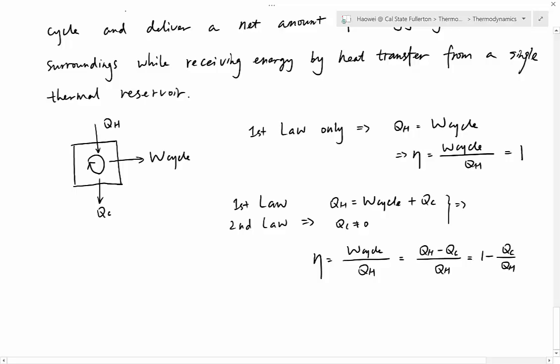Because QC will never be zero, the second term QC over QH will always be greater than zero, which means efficiency eta will always be less than 1. That's why the efficiency of an engine in the car will always be less than 100%, because we have to follow second law of thermodynamics in addition to first law. That's the second way to express what the second law says.